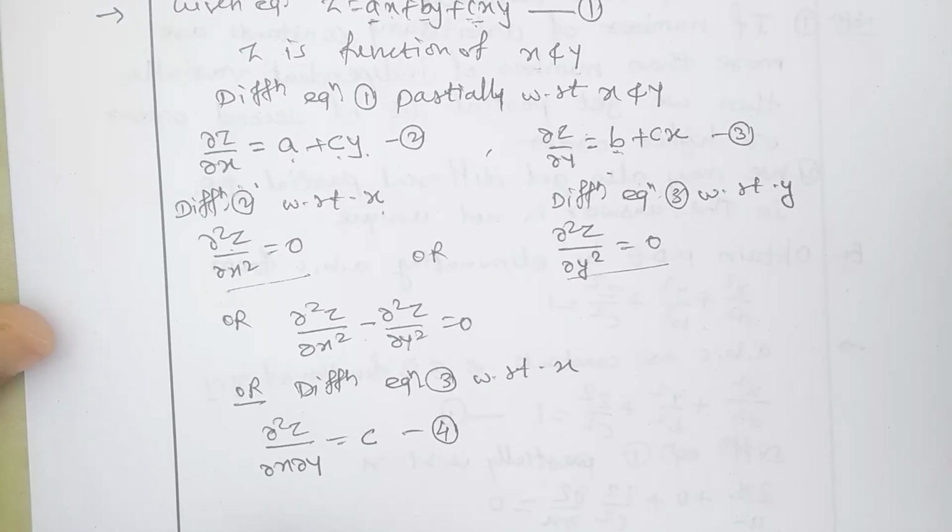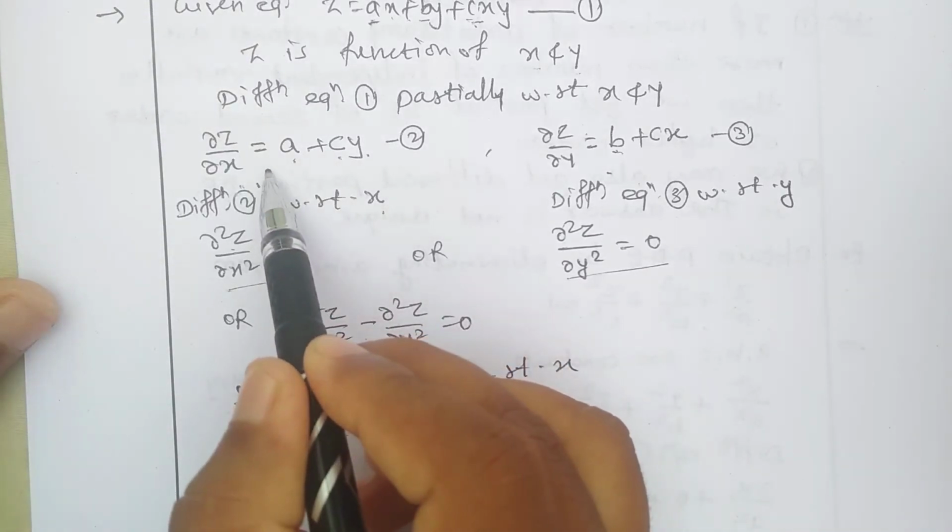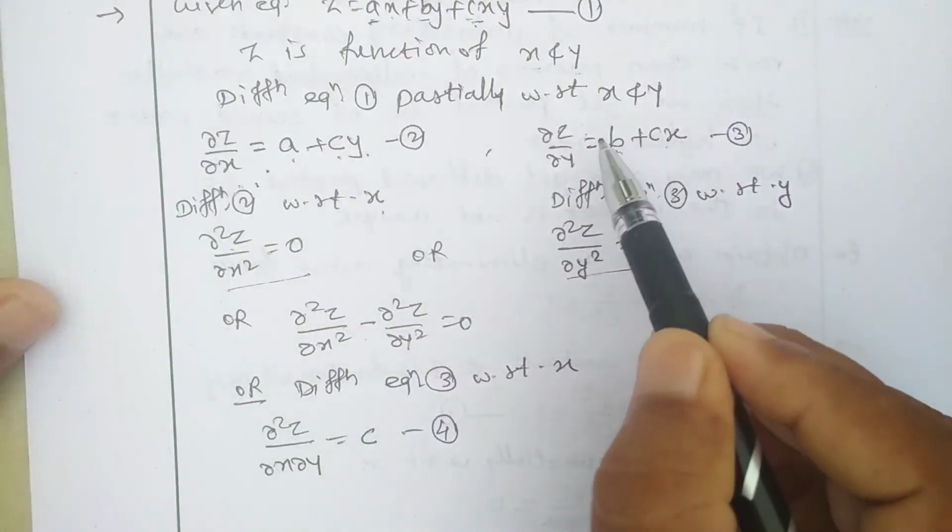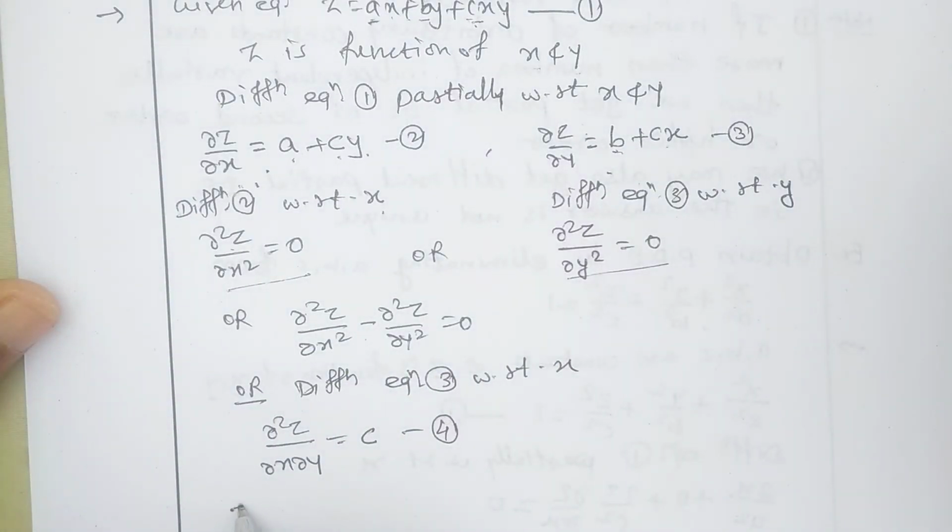Now I am going to multiply equation 2 by x and equation 3 by y, that is, equation 2 multiplied by x plus equation 3 multiplied by y. See what you will get.